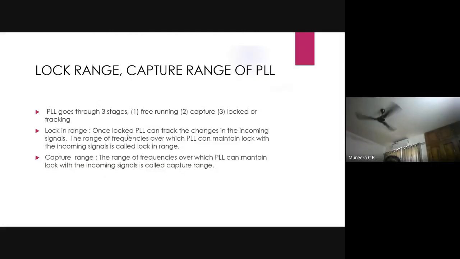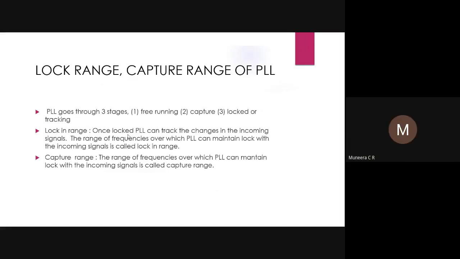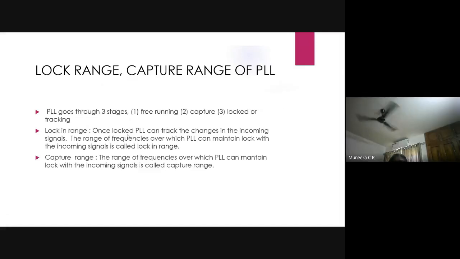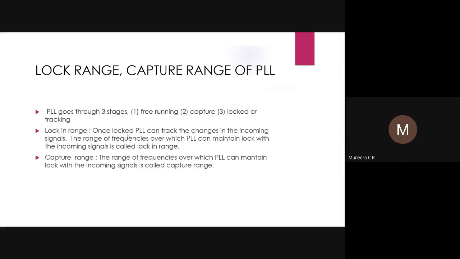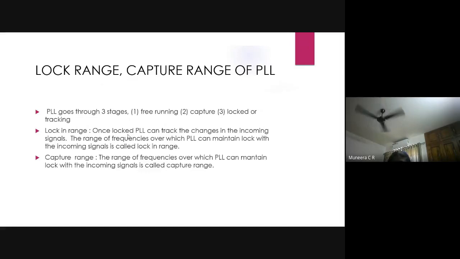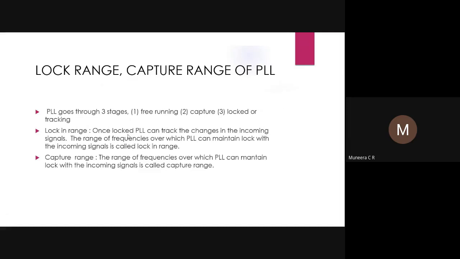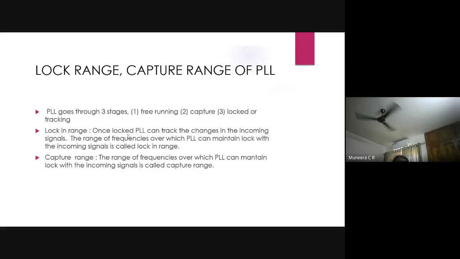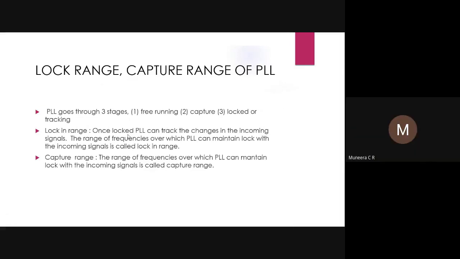As I told you earlier, the PLL goes through three stages. The first one is the free running stage, the second is the capture range, and the third is the locked or tracking range. Free running means the incoming frequency is very far away from the VCO free running frequency, so that the PLL is not able to catch the input frequencies and vary according to them.